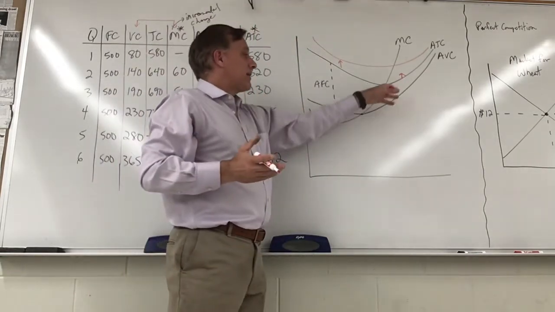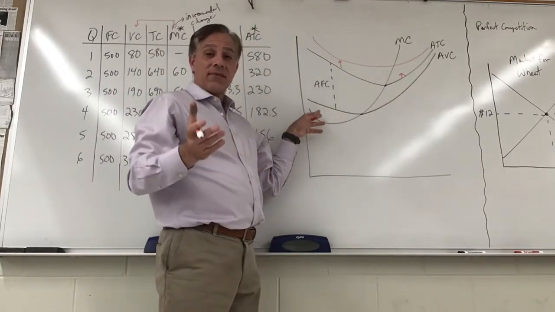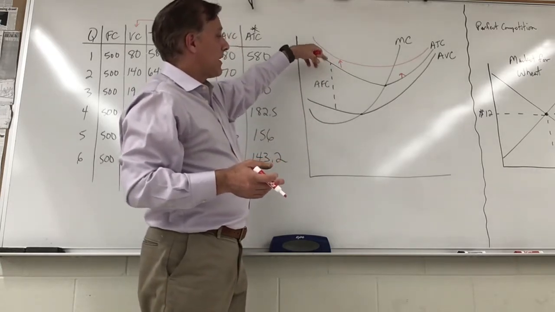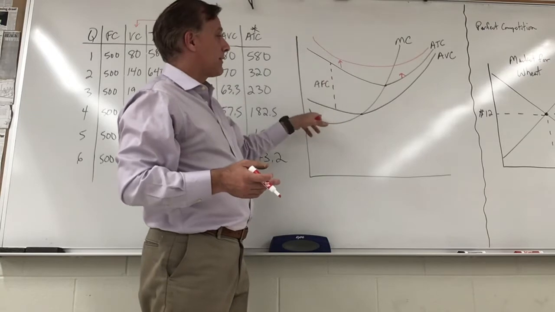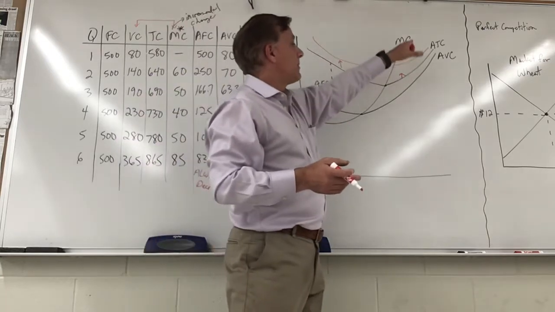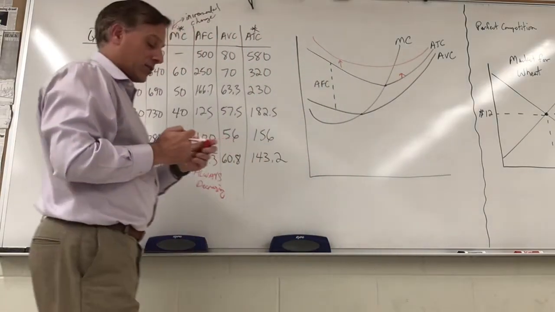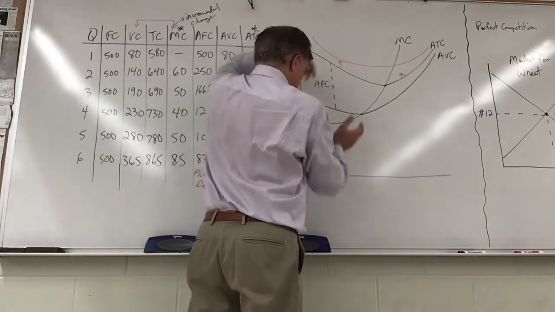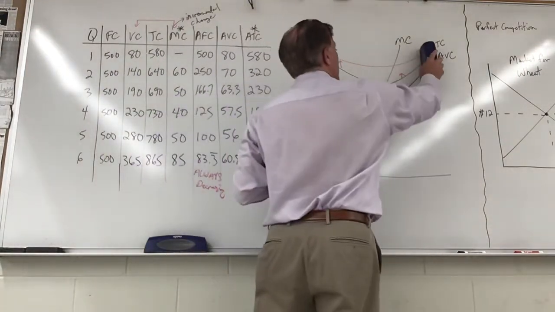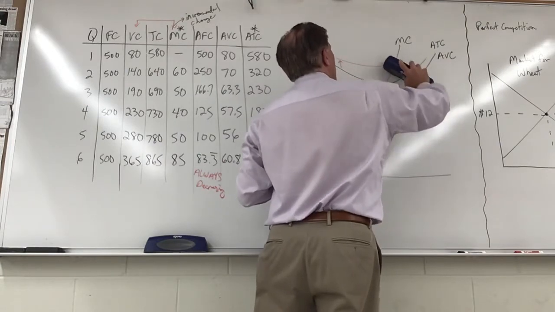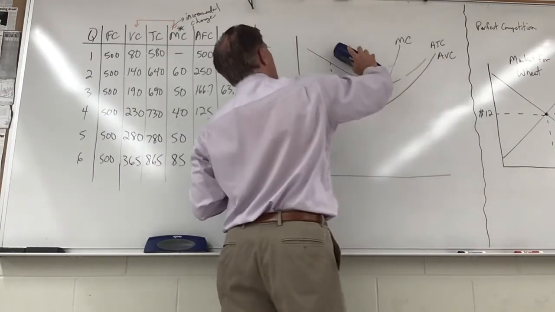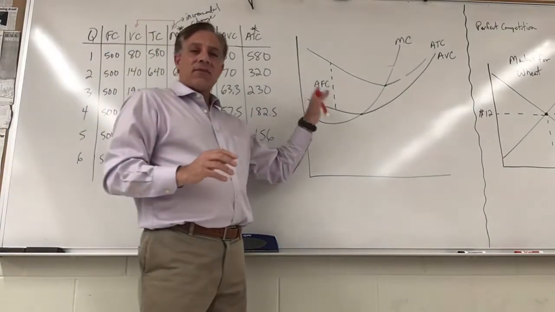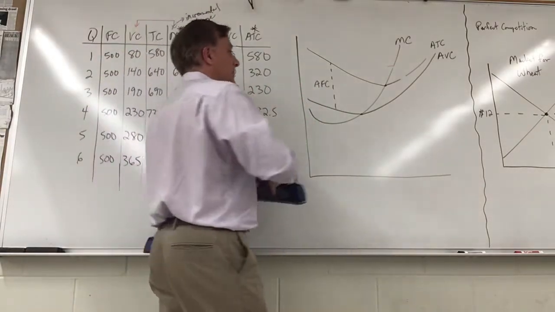Average variable cost obviously is going to stay the same because variable cost hasn't changed. As we said, change in fixed cost has no impact on marginal cost. So the only curve that changes is average total cost, which also changes average fixed cost because it increases the mouth, or the cornucopia, if you will. Okay. Make sure you study these costs first before looking at perfect competition.